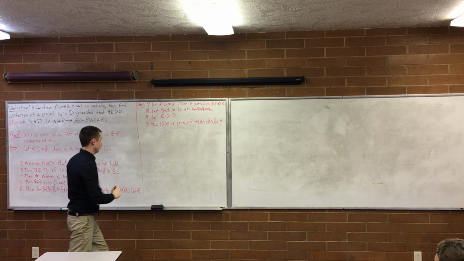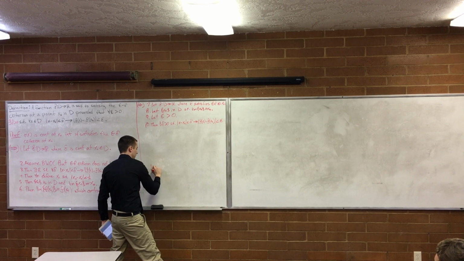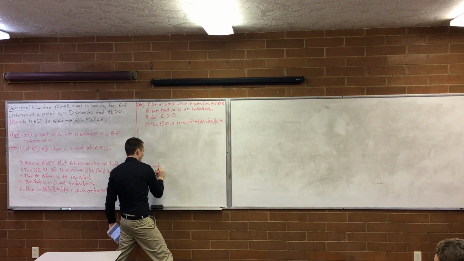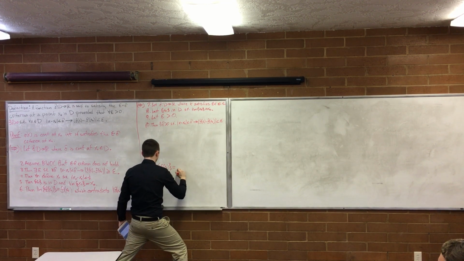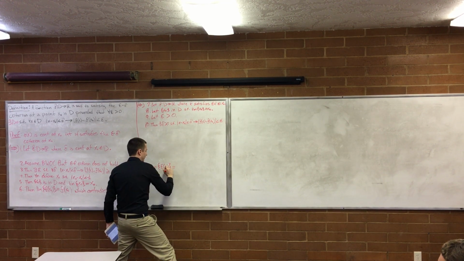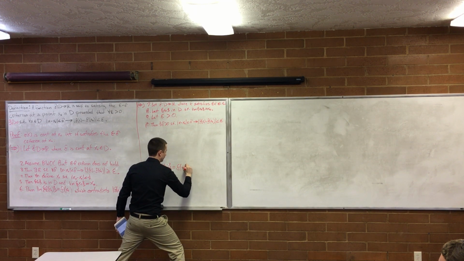So let's think where I'm trying to go with this. I'm trying to get, when this is all said and done, that the limit of f of xn is equal to f of x naught.